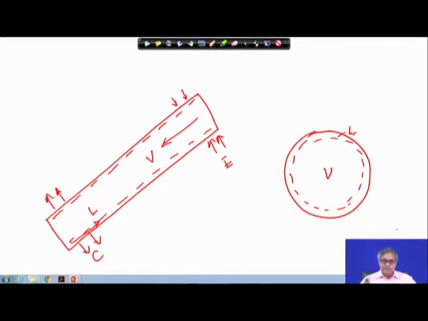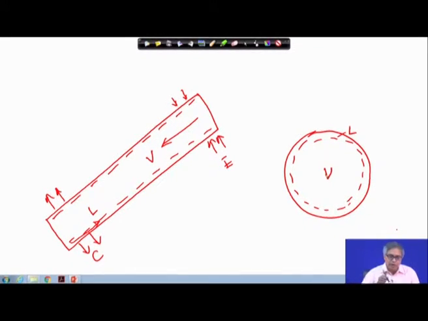So, let us say in the cross section, if the vapor moves out of the figure, the liquid moves into the figure. So, there is a counter current arrangement of vapor flow and liquid flow. Now, in a loop kind of heat pipe, the vapor path and the liquid path are different. They are not present in the same cross section.